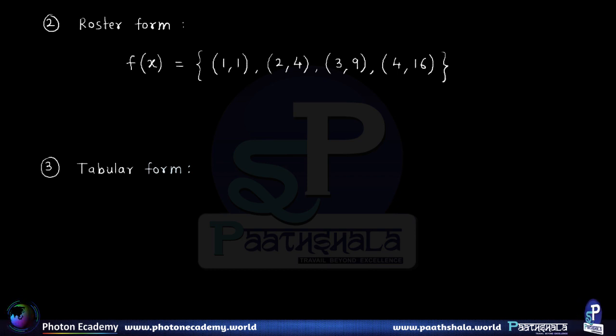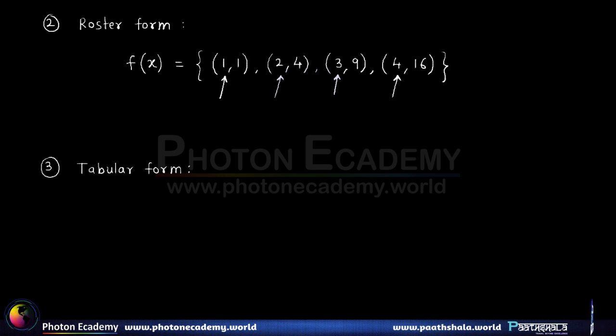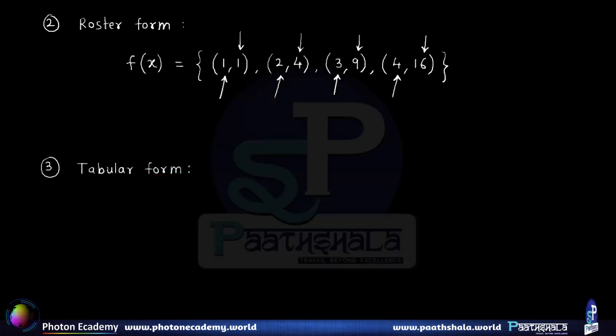Now if we see that the list of all the first elements, that is 1, 2, 3, 4, forms the domain as per the definition of the domain, and the list of all second elements, that is 1, 4, 9 and 16, forms the range of the function, right? Okay. Now moving on, we can have the tabular form, which is one and the same thing that we did earlier.